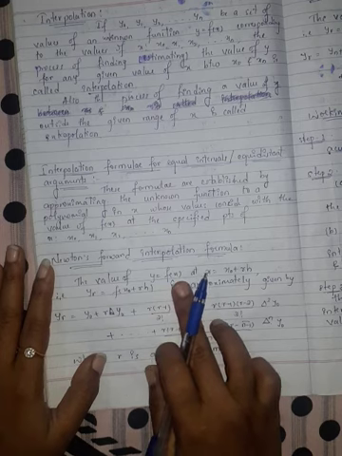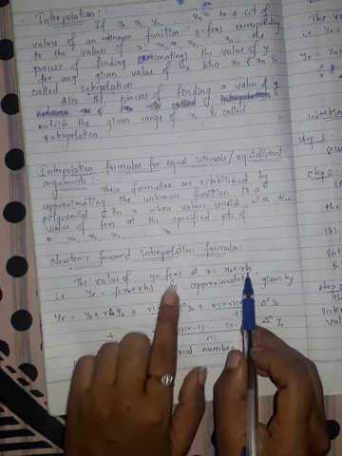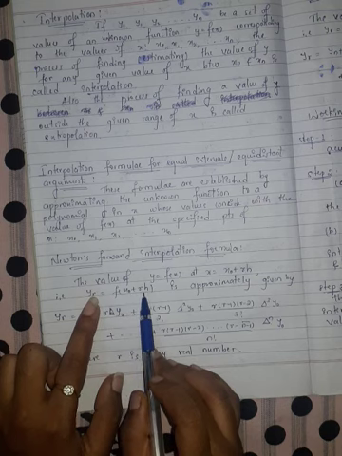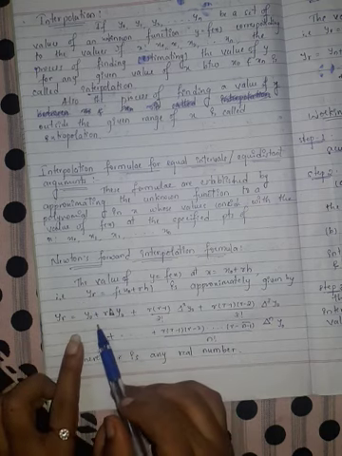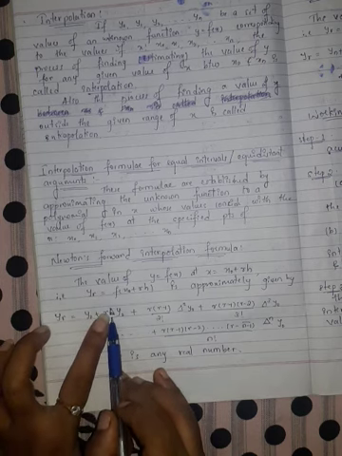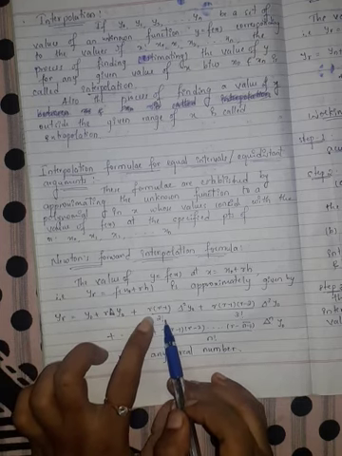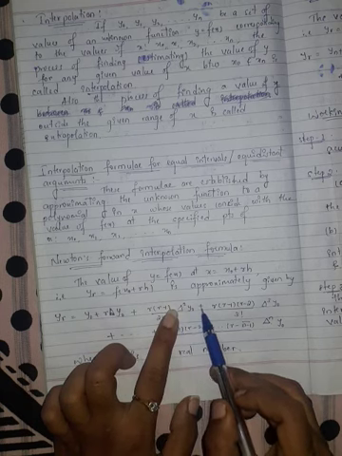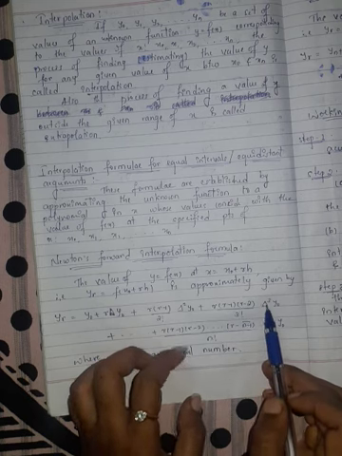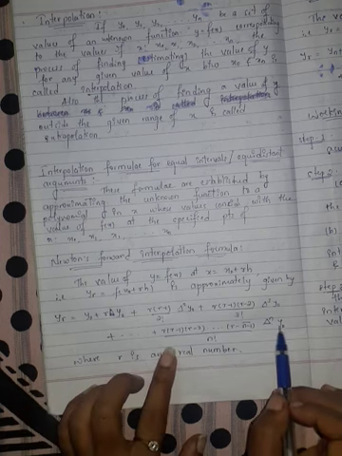The value of y is equal to f of x at x equal to x0 plus rh, given as yr equals f of x0 plus rh, is approximately given by yr equals y0 plus r into delta y0 plus r into r minus 1 divided by 2 factorial into delta square y0 plus r into r minus 1 into r minus 2 by 3 factorial into delta cube y0 and so on, up to delta raised to n y0.